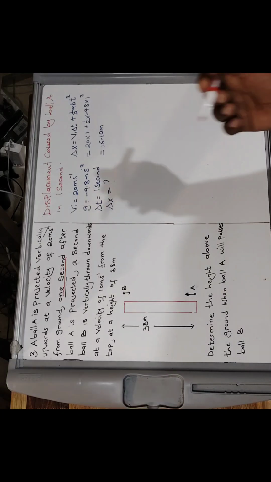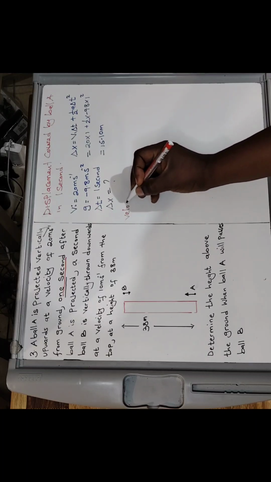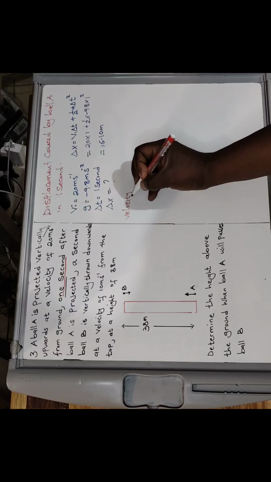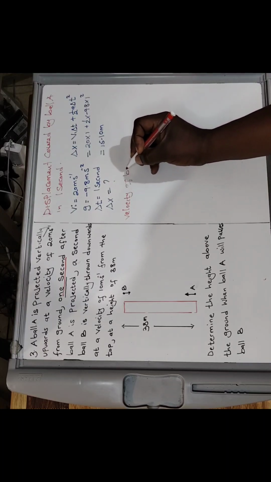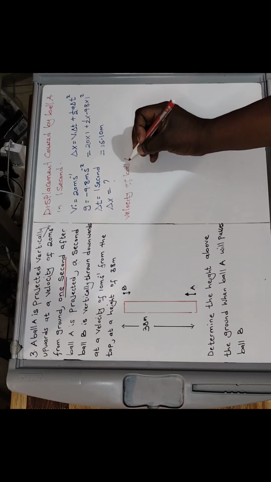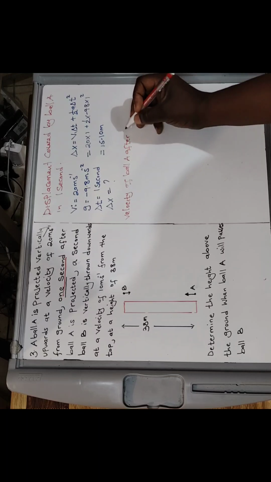Okay, then what comes again? We need a new velocity: velocity of ball A after 1 second.